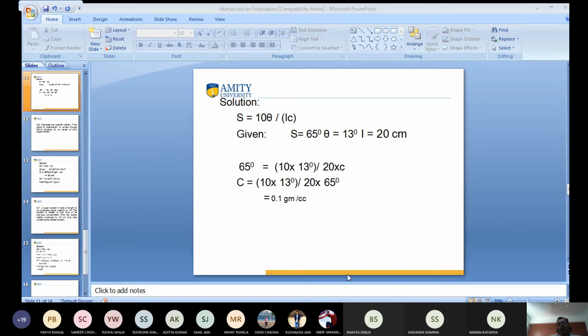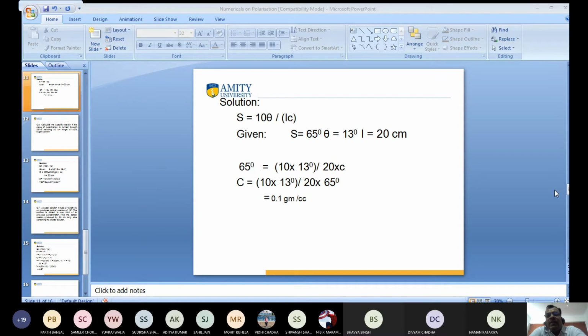Sir, why have we multiplied by 10? I tell you, there are two formulas of specific rotation.